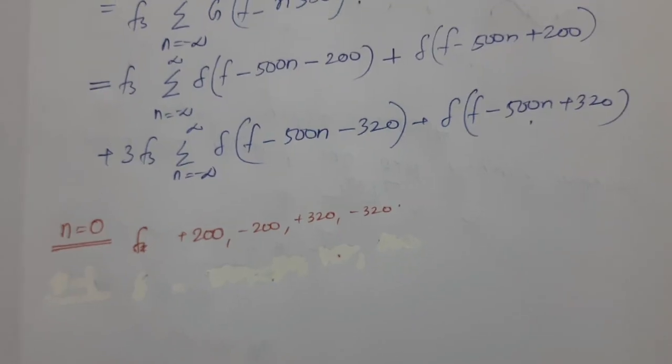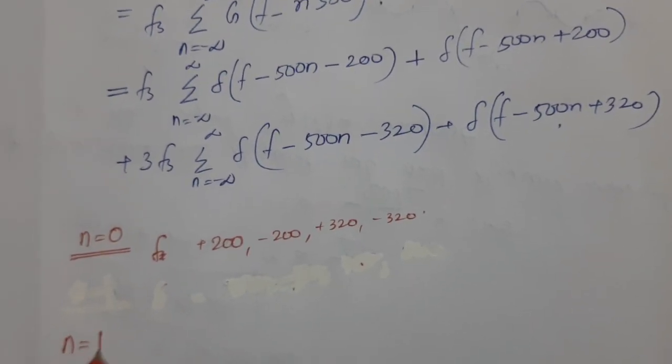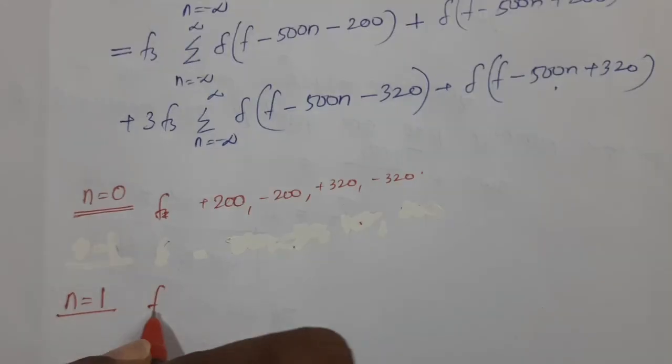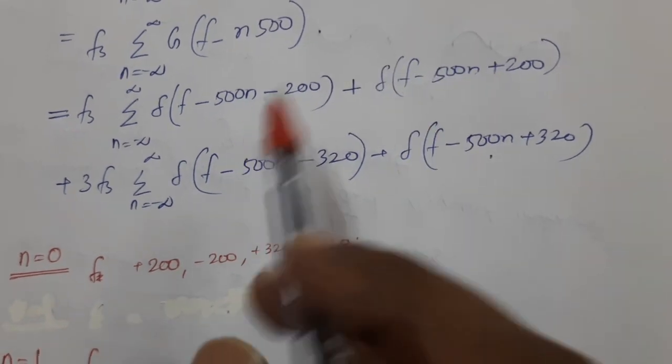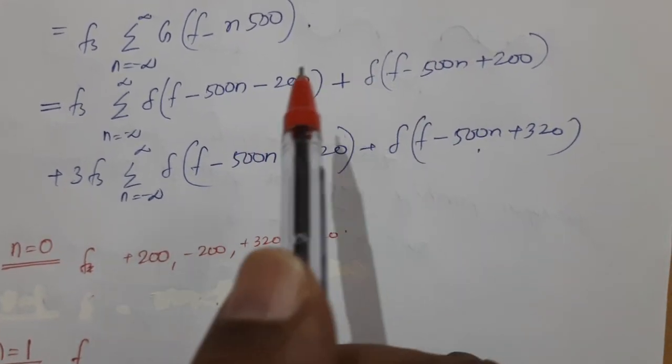Now when n equals 1, what are the output frequencies?